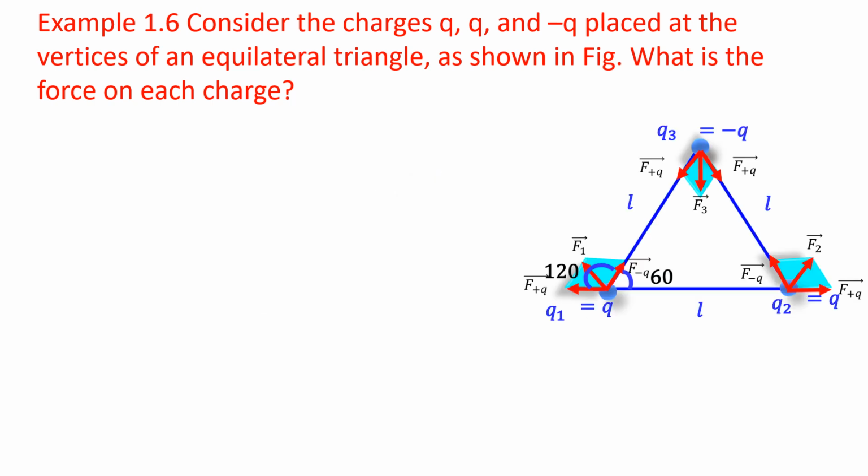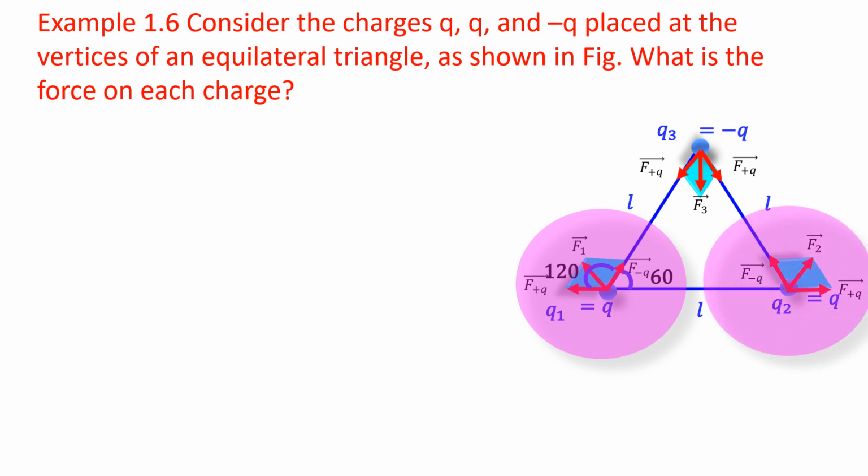The force on the charge Q1 and the force on the charge Q2 are the same because both the charges are the same. So the net force on the charge Q is equal to F1 vector, which is equal to F2 vector. Here the exterior angle is 120 degrees.